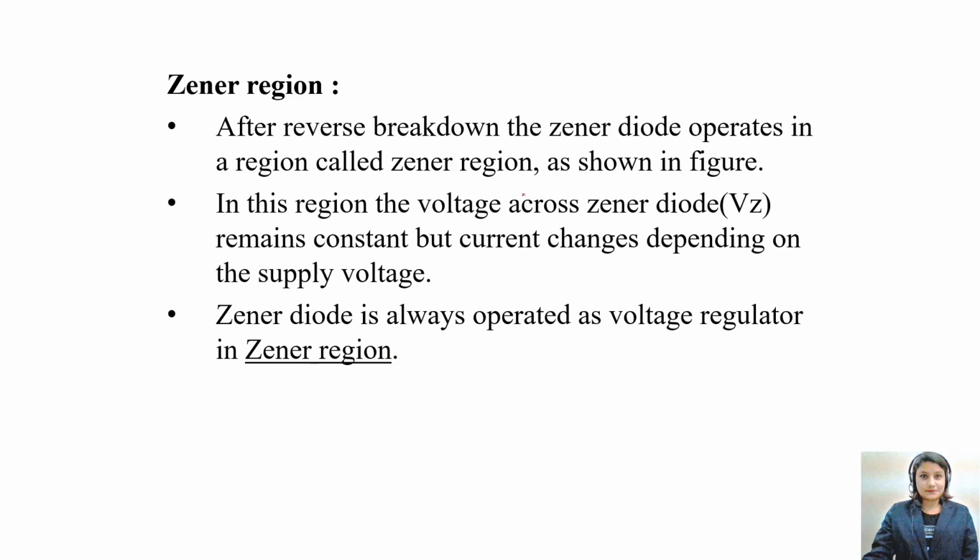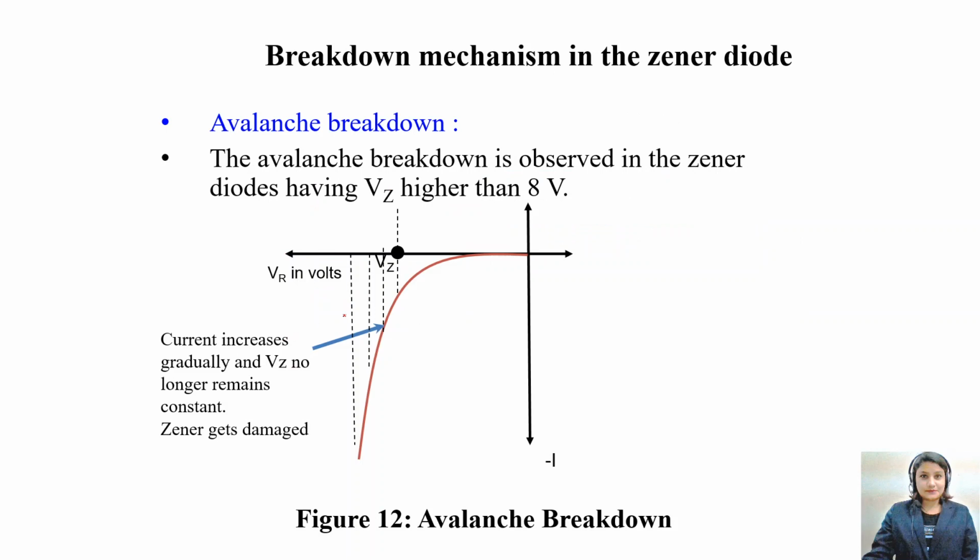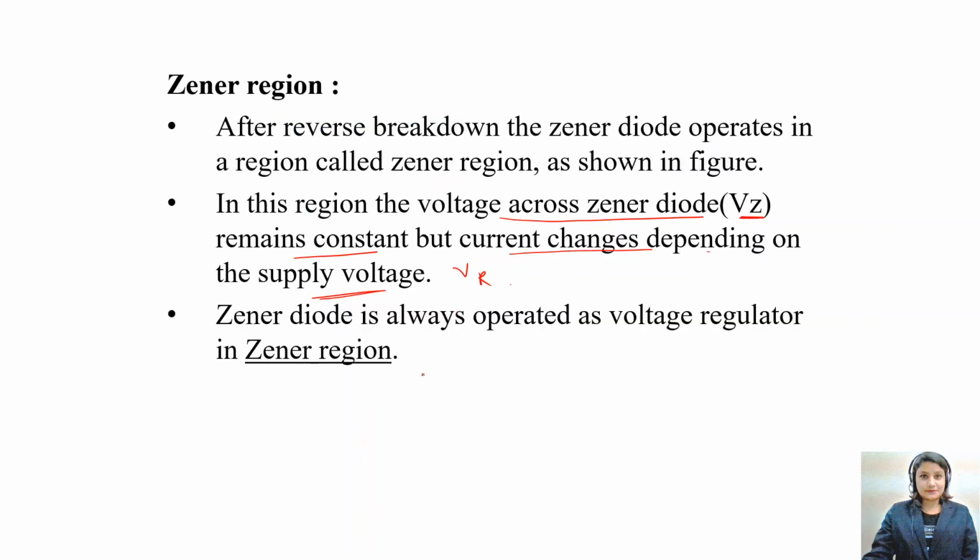So in this curve you can see the voltage across the Zener diode VZ, which remains constant, but current changes. The current changes, it depends on the supply voltage. The supply voltage, that means the reverse voltage. And yes, the VZ remains constant.